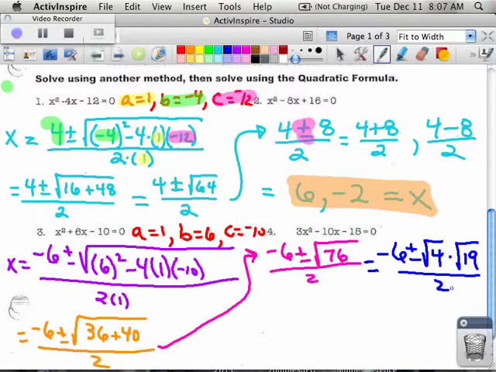Now the reason that you do this is because we know what the square root of 4 is. The square root of 4 is 2. So when I go to keep simplifying this solution, I end up with negative 6 plus or minus 2 times the square root of 19 all over 2.